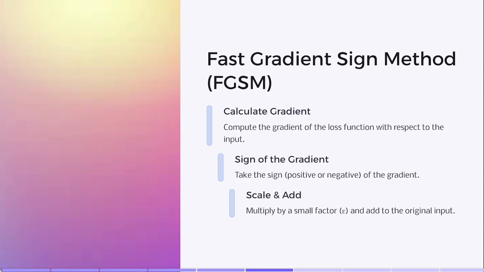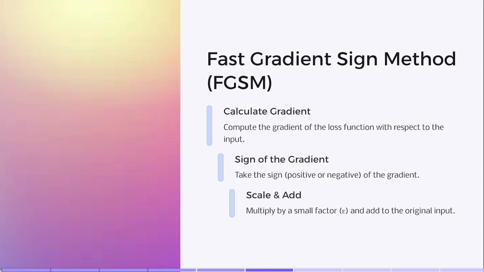They take the sign, positive or negative, of that gradient, indicating which direction changes will increase the model's error. And number 3, scale and add. They multiply by a small factor and add it to the original input. This creates an adversarial image, text, or audio snippet that looks almost identical to the original but confuses the model.